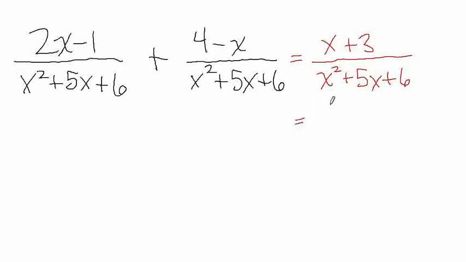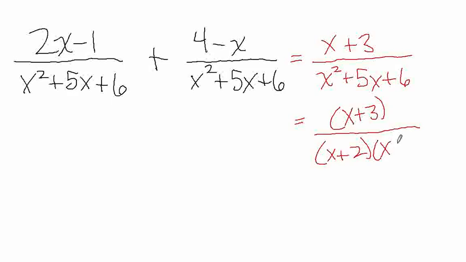Remember that the way to notice if it's possible to simplify is to factor. If I factor the bottom, I get x plus 2, that binomial, times x plus 3.